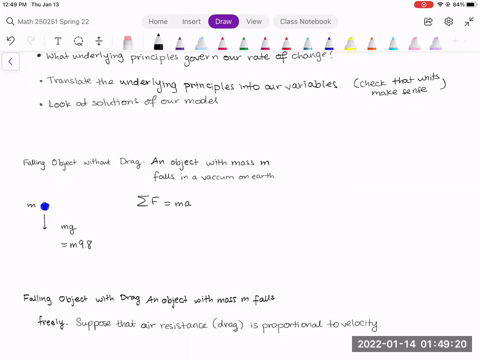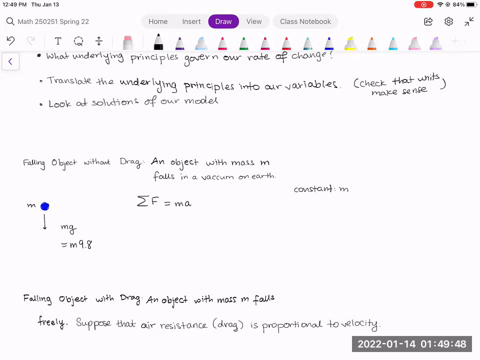Okay, all right. So our constants here are mass, and what are we going to be measuring? There are two ways we could set this up. We could set this up in terms of the velocity of the object. We could also set it up in terms of the position of the object.